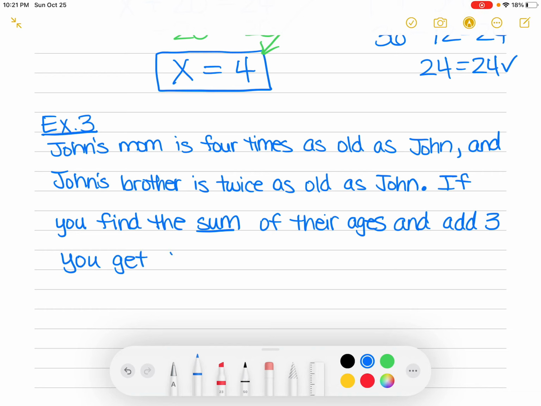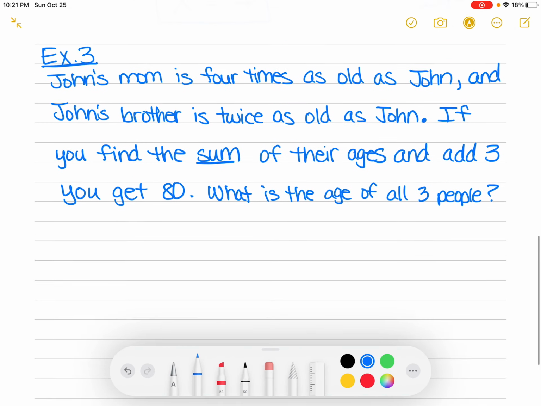Okay, so see, I told you this problem was a long word problem. Okay, and then it's going to say, what is the age of all 3 people? So they want to know the mom's age, the brother's age, and John's age.